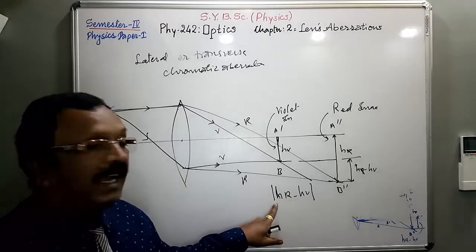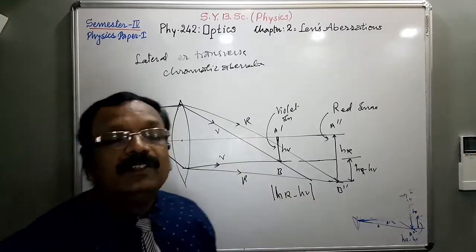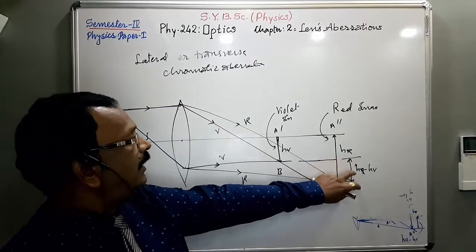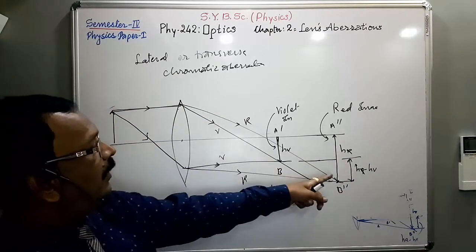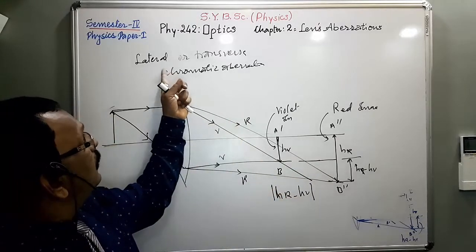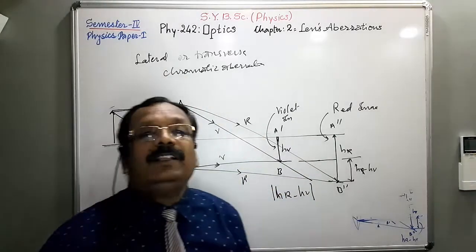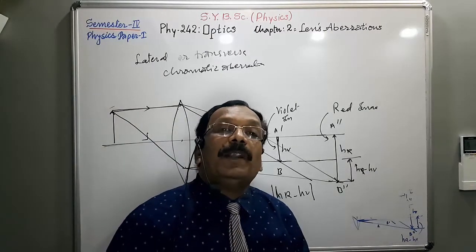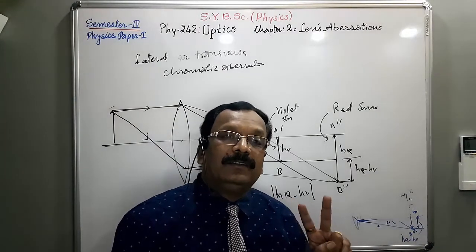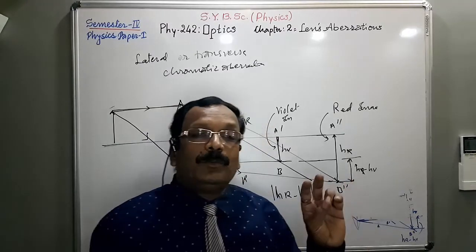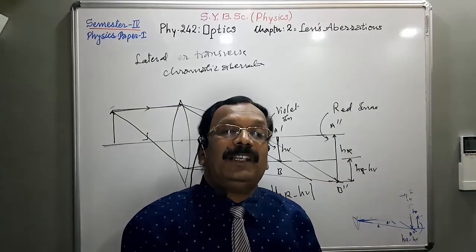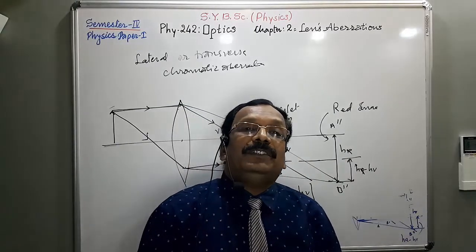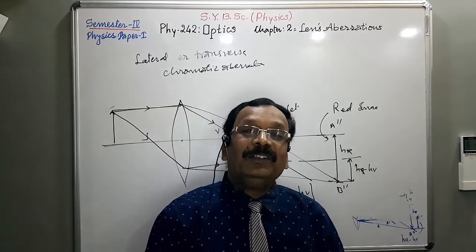Higher is the difference in height, larger is the lateral chromatic aberration, whereas smaller is the difference between the heights of the images, then smaller is the lateral chromatic aberration. In this way, we completed chromatic aberrations, that is, longitudinal or axial chromatic aberration, and second one, lateral or transverse chromatic aberration. We shall stop here. Have a good day.